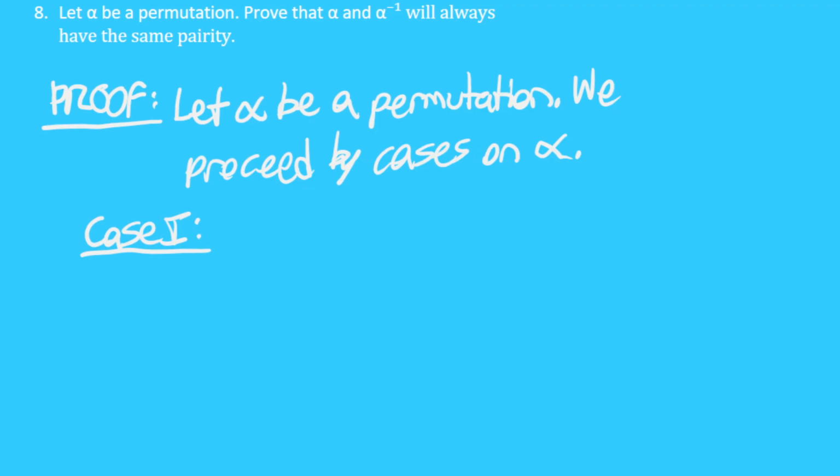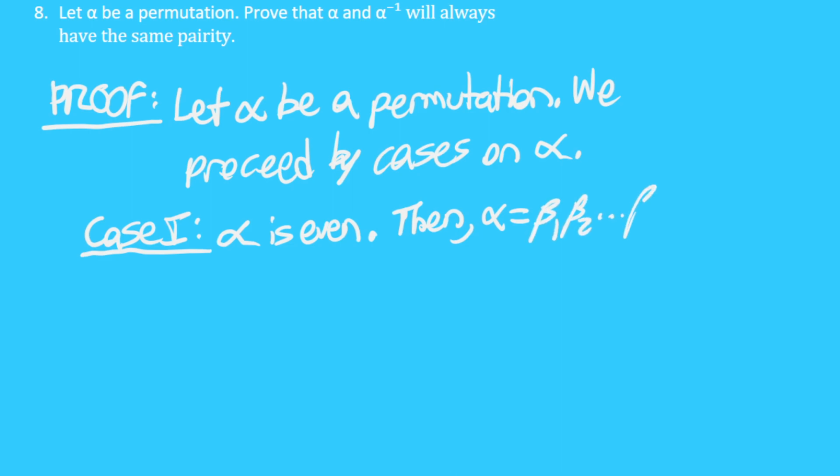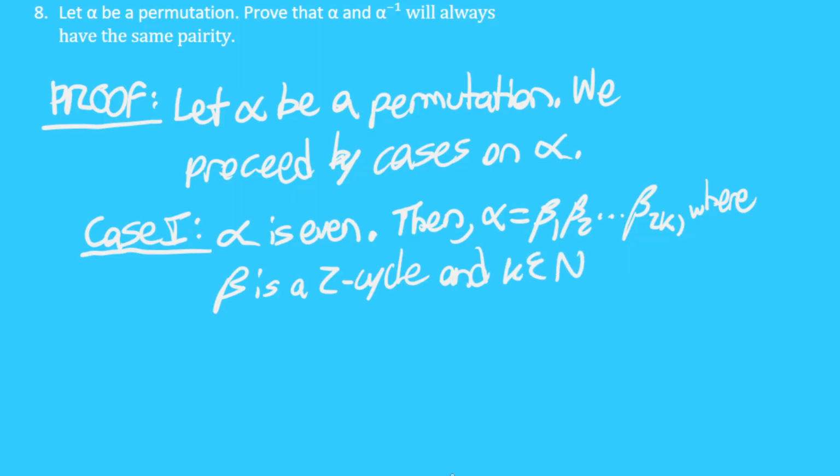For case 1, we have alpha is even. So then we have alpha is beta 1, beta 2, and so on up to beta 2k, where each beta is a 2 cycle and k is a natural number.